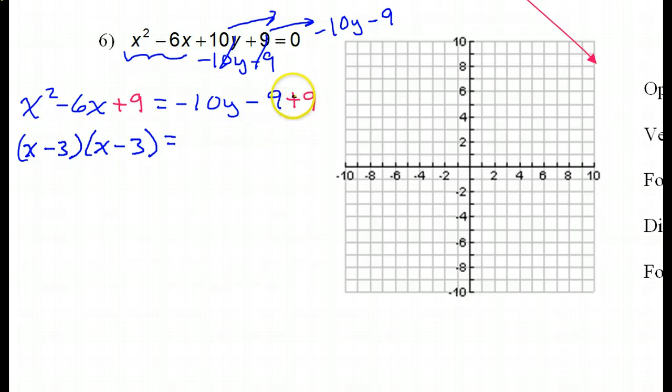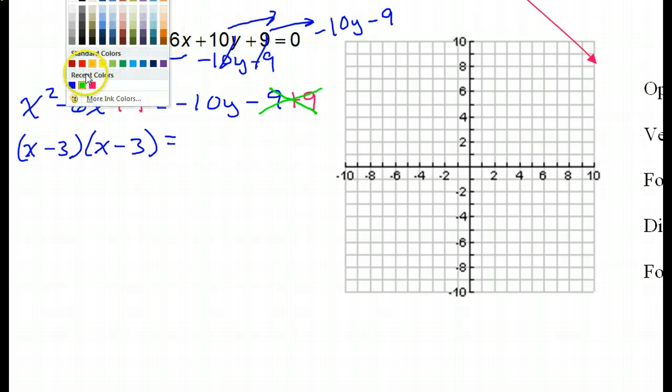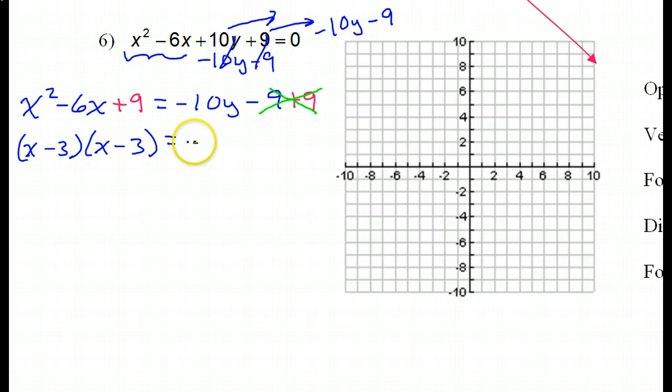Meanwhile, over here, something interesting happens. You're probably noticing that these 9s, positive 9 and negative 9, cancel each other out. So I'm just going to have negative 10y over here. On the left side, I can write this as x minus 3 quantity squared.